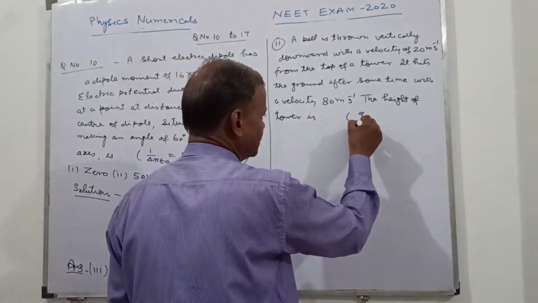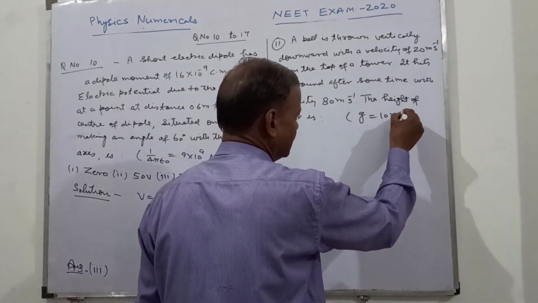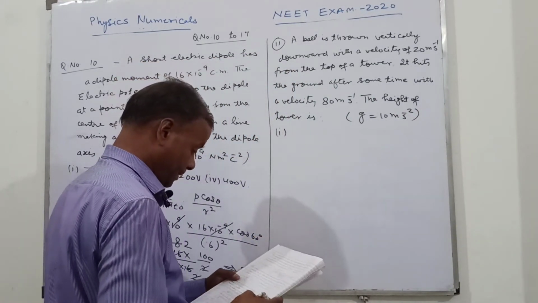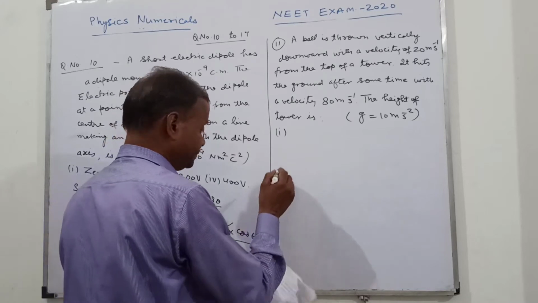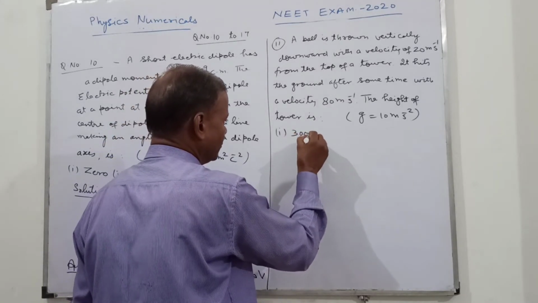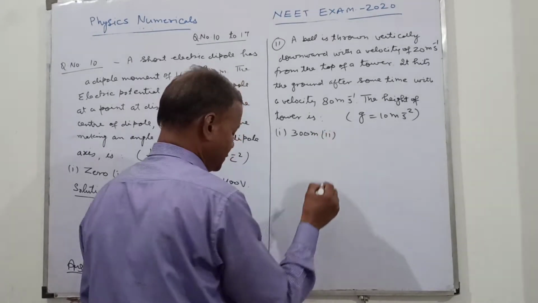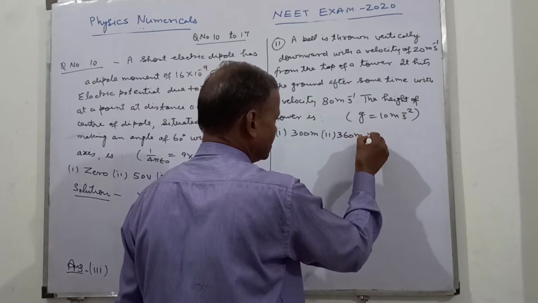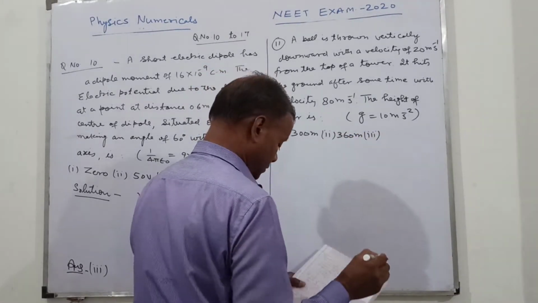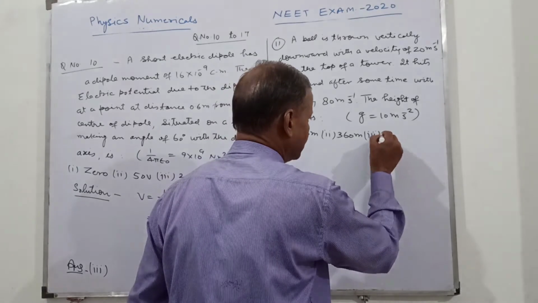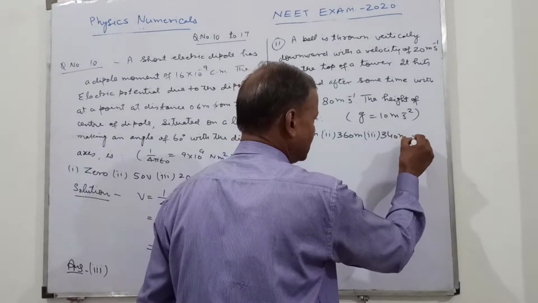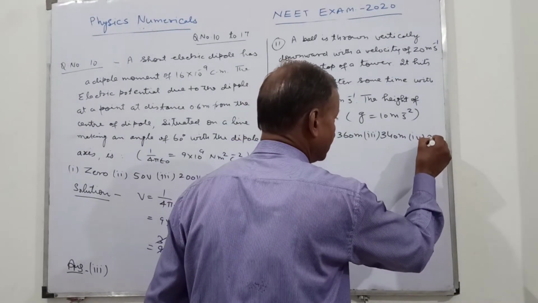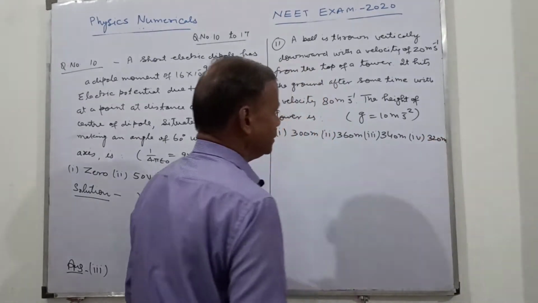Here it is given that g equals 10 meters per second square, and the options are: first is 300 meter, second 360 meter, third 340 meter, and fourth 320 meter. These are the options.